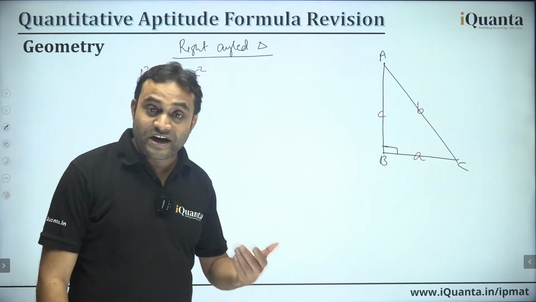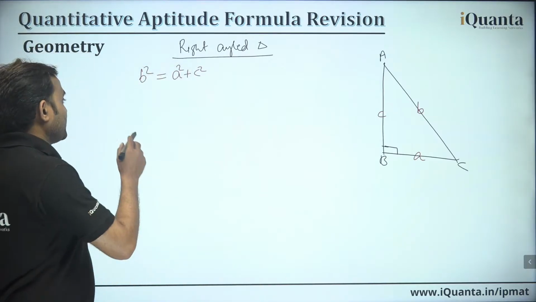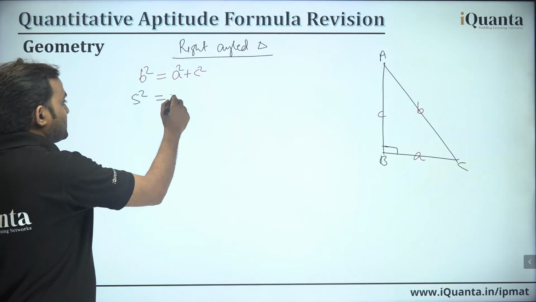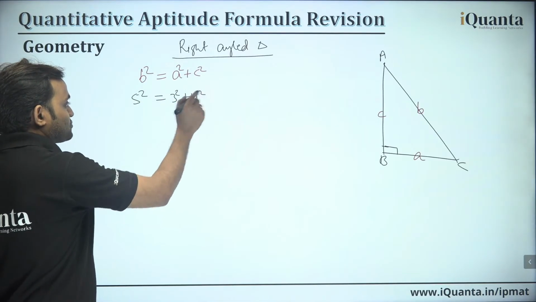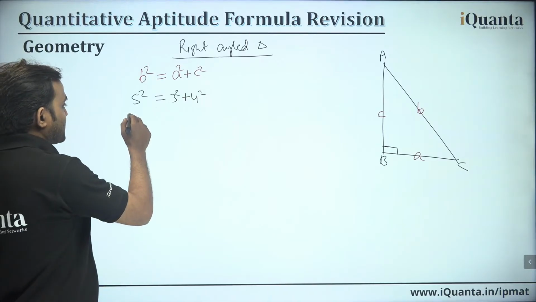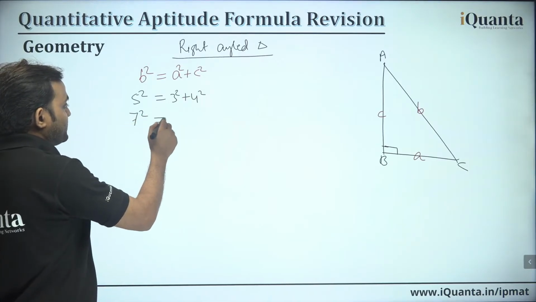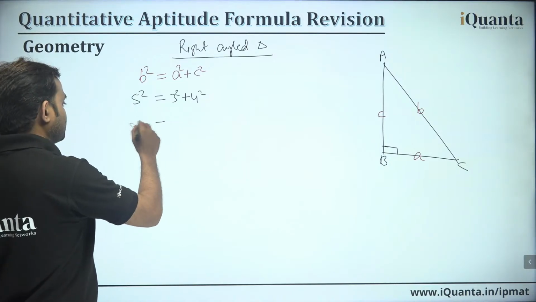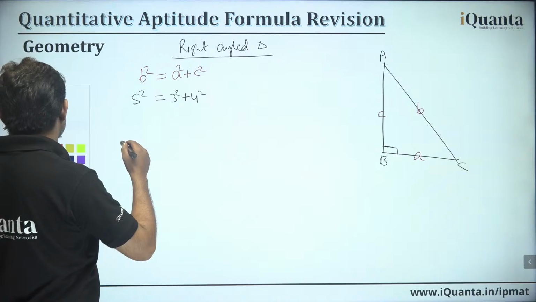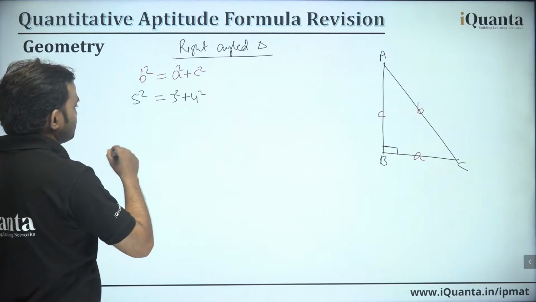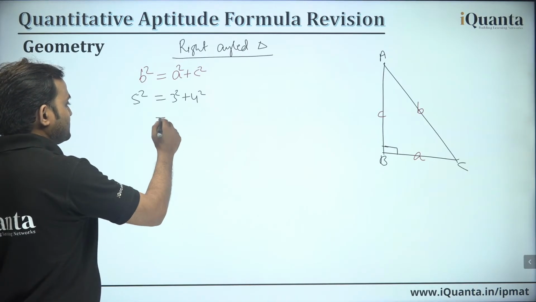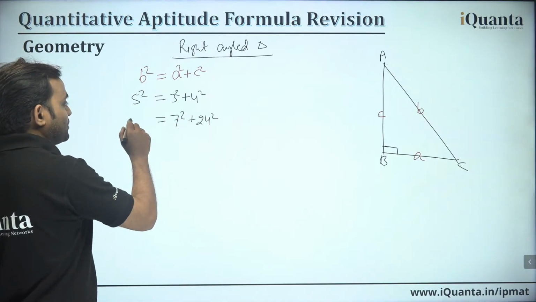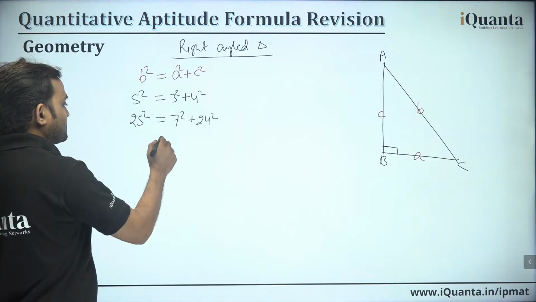Some ready-made triplets that we should know: the most basic one is 5 square is equal to 3 square plus 4 square. Then we can say 7 square plus 24 square is equal to 25 square.